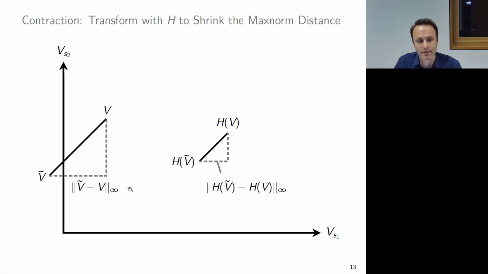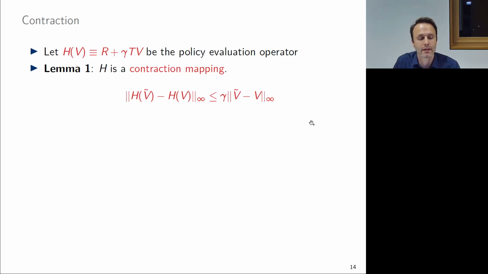So this is the maximum distance here. And if we apply the policy evaluation operator to each of these estimates, then this distance will be smaller than the one without the evaluation operator. So we shrink this distance, and this is actually something that is very useful.